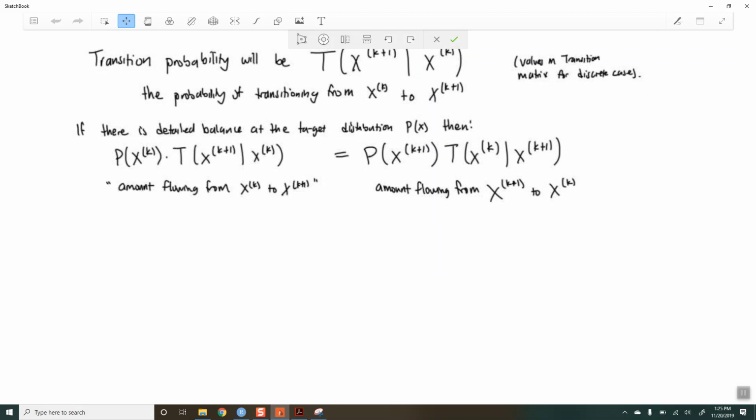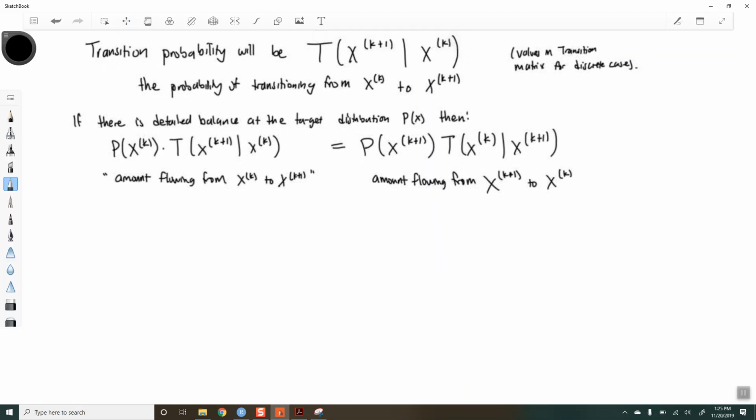Okay, so if there is detailed balance, this is what we have, right? So this is the amount flowing from xk to xk plus 1.